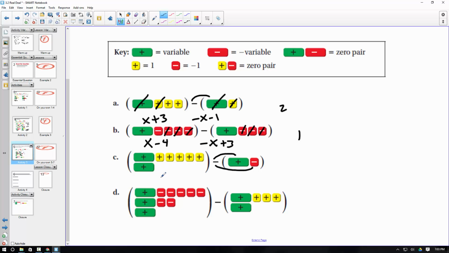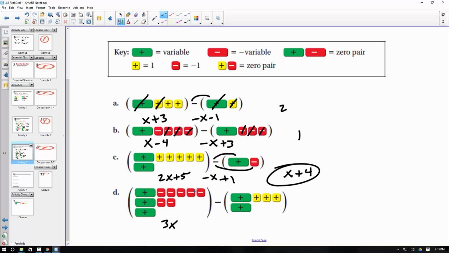So that's why it would be 2x plus 2, 4, 5, so plus 5. And now this would be a minus x, and then a minus minus, which is a positive, right? So this becomes x plus 4. And do the same thing over here. So I have 3x.